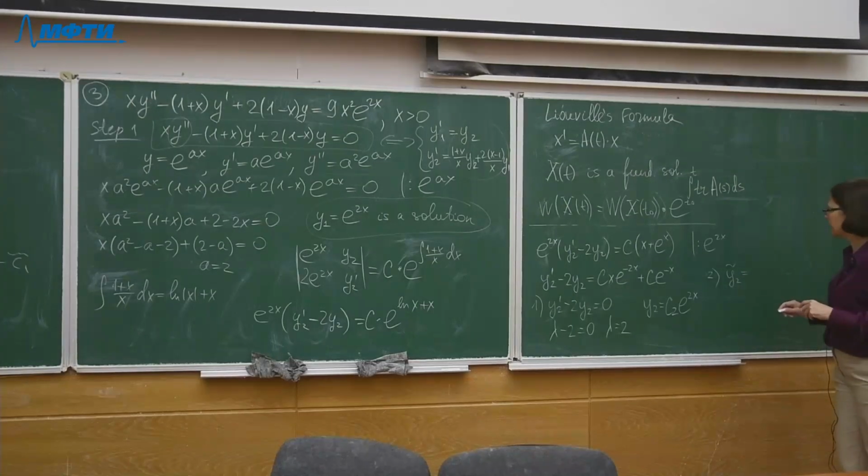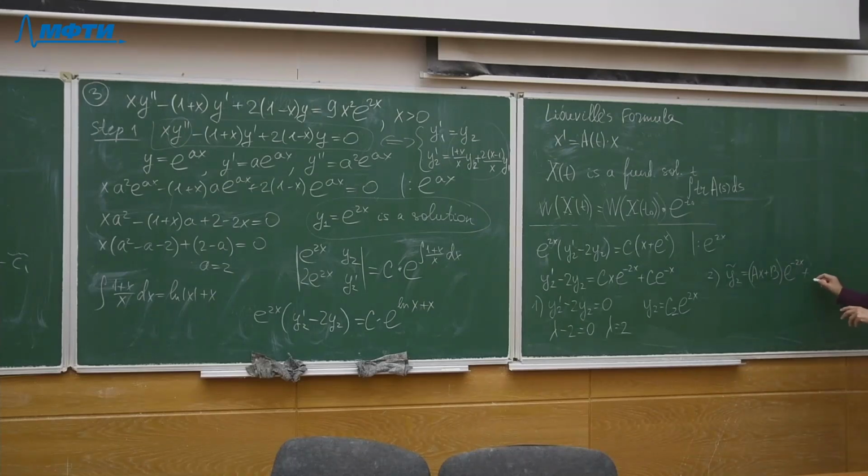A particular solution will be found in the form (a x plus b) times e to the power minus 2x plus c e to negative x.